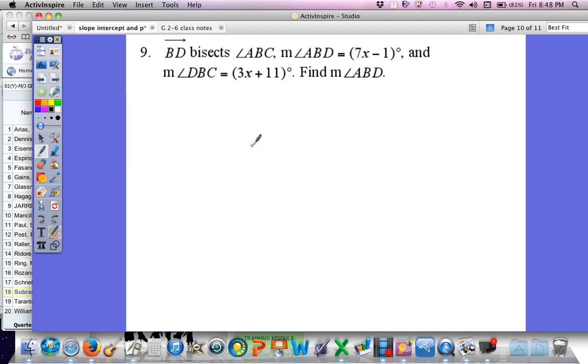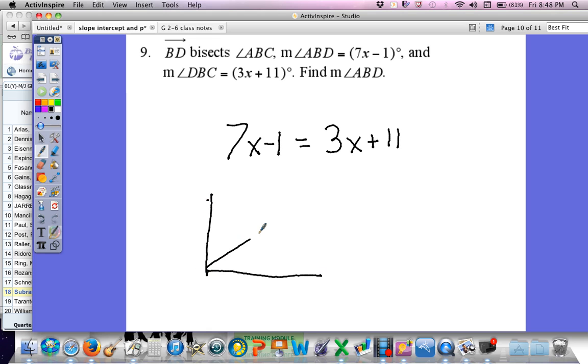Number 9, BD bisects ABC. So ABD is 7x minus 1, and DBC is 3x plus 11. So we have, I might have set this up wrong, so let me draw it and make sure I understand what I'm doing here.